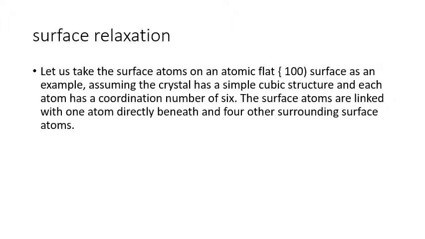We know that the coordination number means the number of nearest neighbors, and the value is 6 means in simple cubic each atom has coordination number 6. 4 surrounding surface atoms and 1 top and 1 bottom.